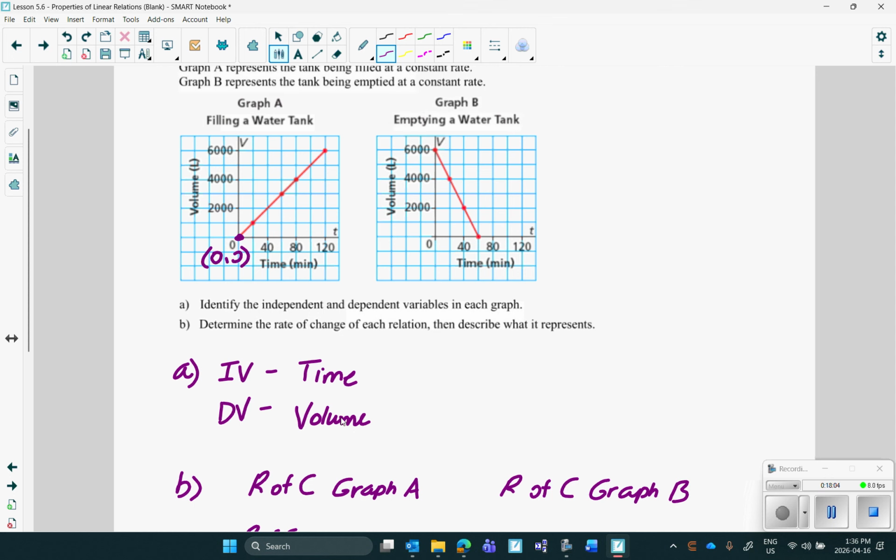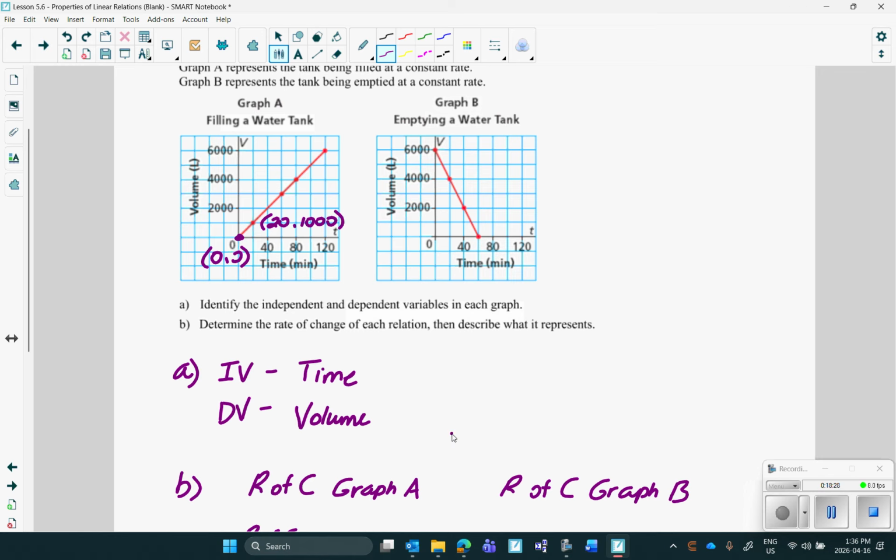That's easy to work with. Give me another point. We have a whole bunch here we can choose from. Be careful how you read them. 20, 1,000. Right, because it goes up by 20s on the horizontal and up by 1,000s on the vertical.